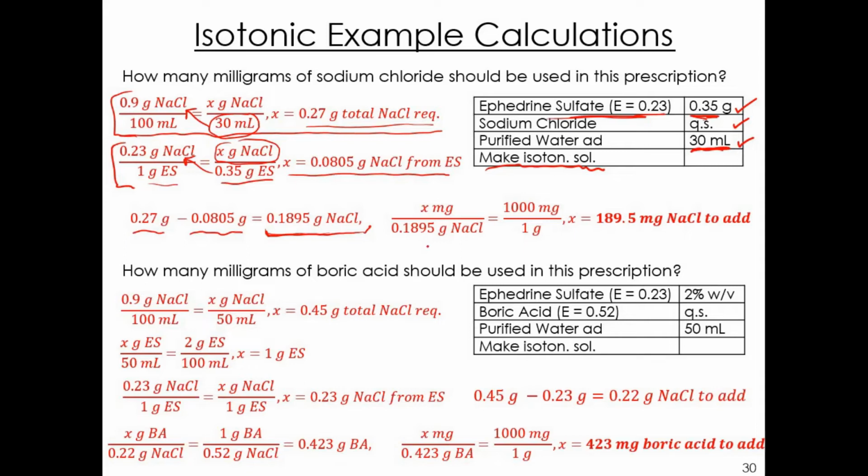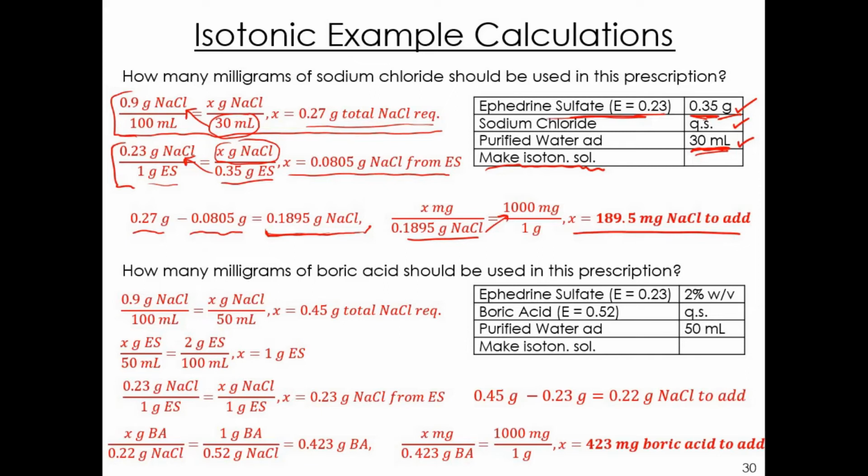The final step is just to convert the number of grams that need to be added into milligrams, noting that there's 1,000 milligrams per gram. That gives us 189.5 milligrams sodium chloride to add. So we'll use this quantity of NaCl, we'll use this quantity of ephedrine sulfate, we'll add water up to 30 mils, and we have our isotonic solution.